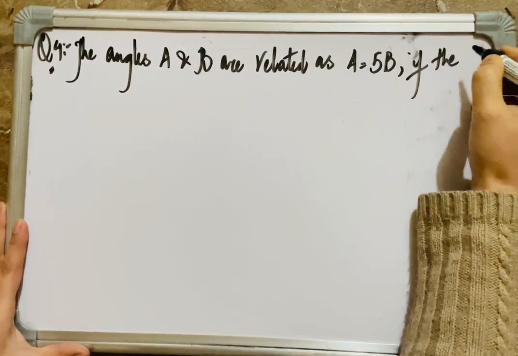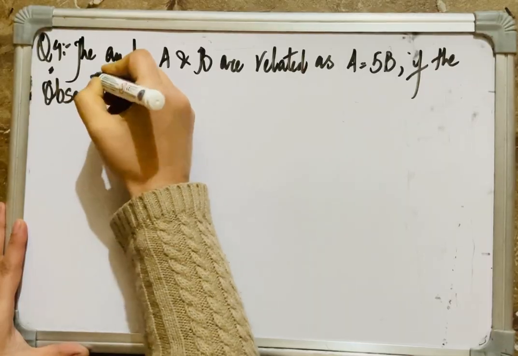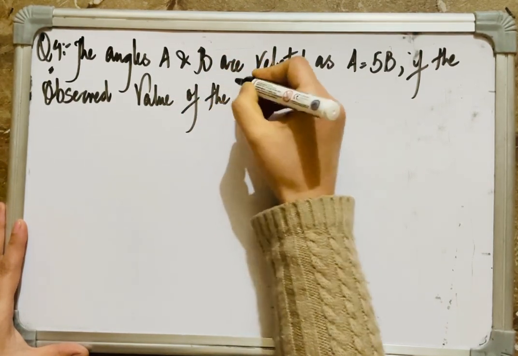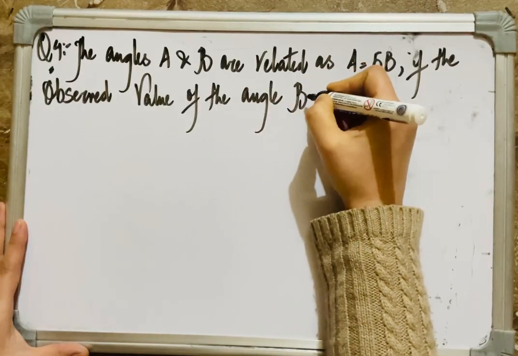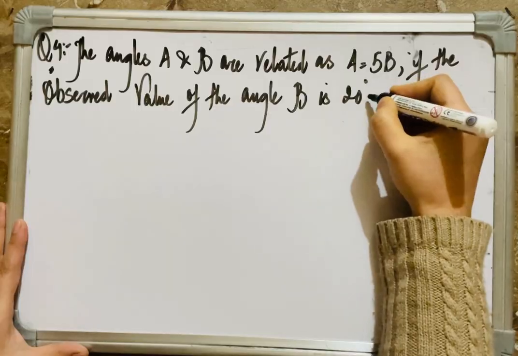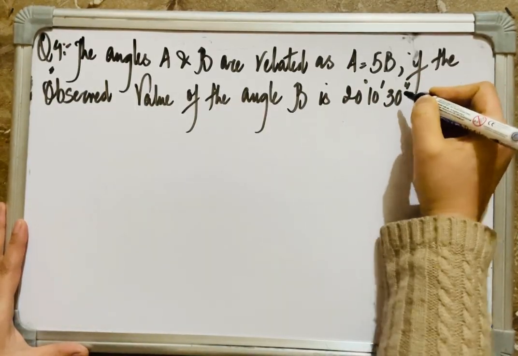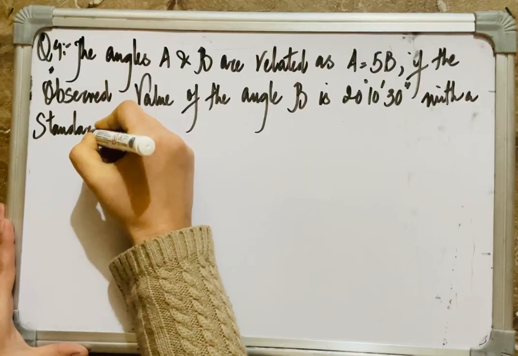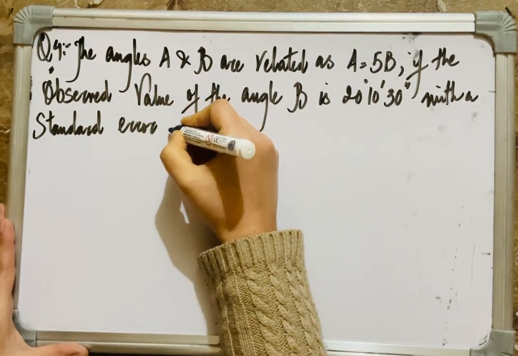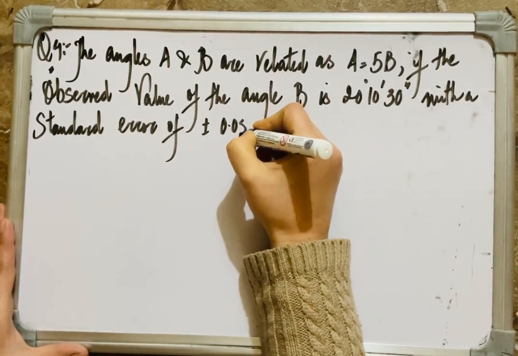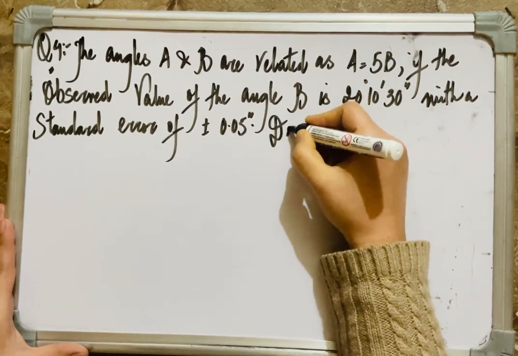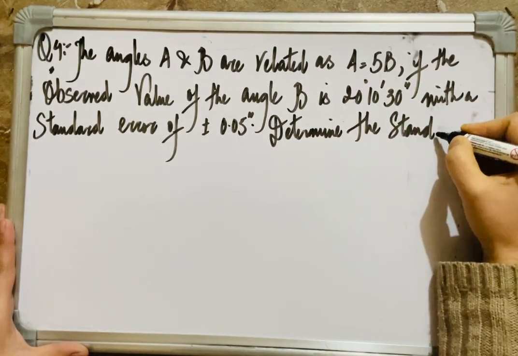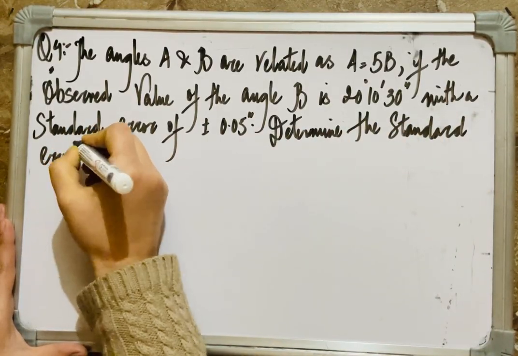If the observed value of the angle B is 20 degree, 10 minutes, 30 seconds, with a standard error of plus minus 0.05 seconds, determine the standard error of A.